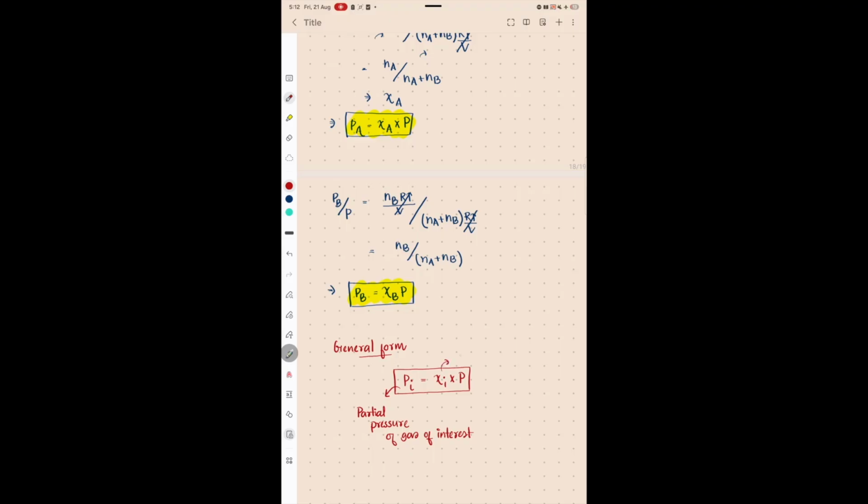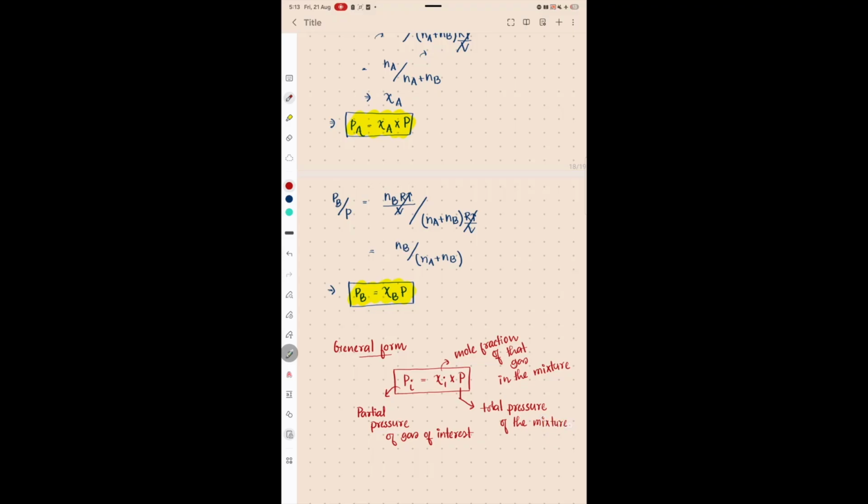And this is the mole fraction of that gas in the mixture, and P is your total pressure of the mixture.